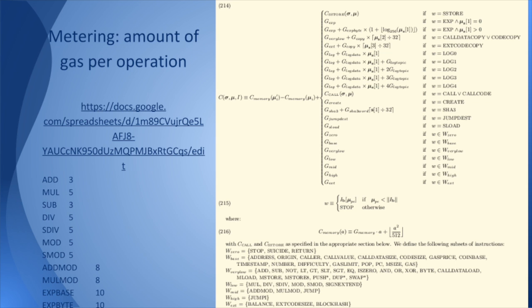It's a little small now, but some of these numbers are, for doing a multiplication, it's 5 gas. For doing an addition, it's 3 gas. And this right bit here is the Ethereum yellow paper that has the definitions of gas for more people who want to read the actual details.